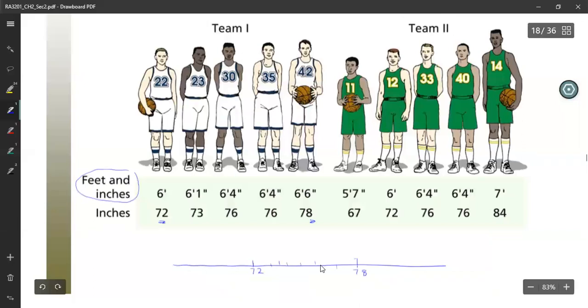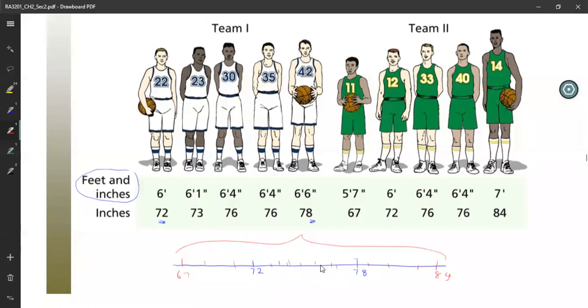And then the other team, it's 67 and 84. And their heights are, see, the 5 players will be distributed in a larger span. So team 2 is distributed widely, but this one is very close. Team 1's heights are very close to each other.